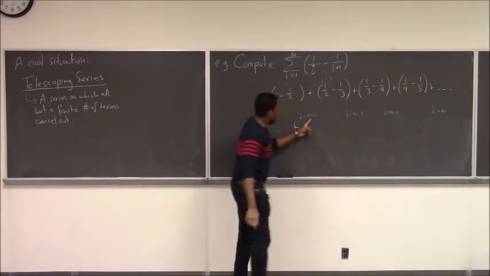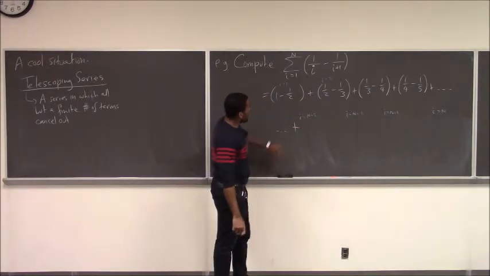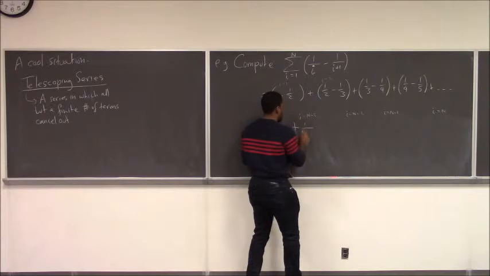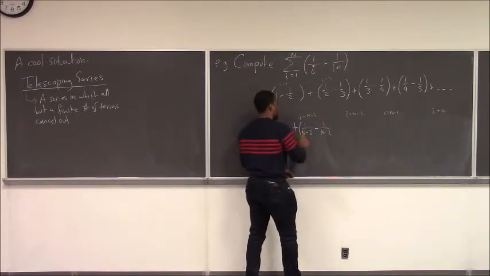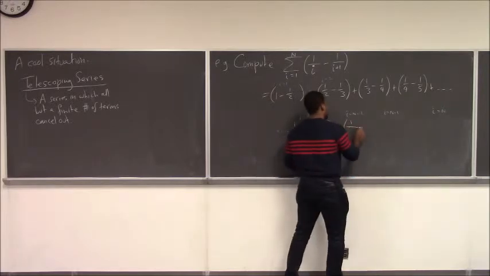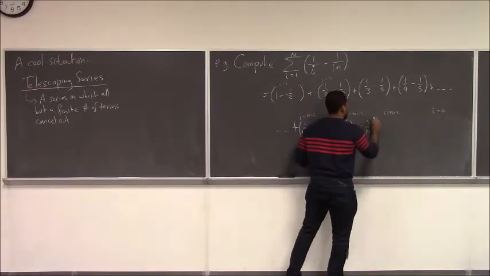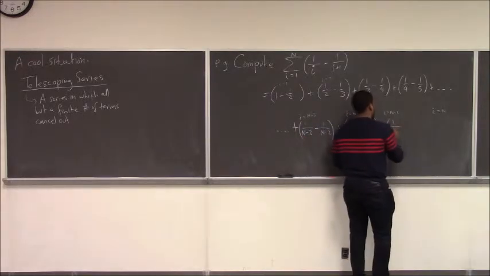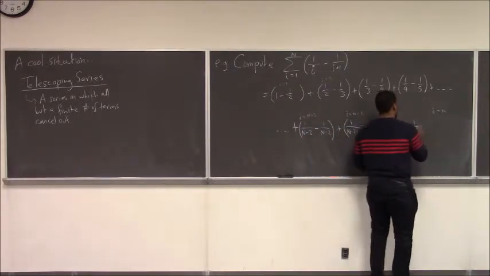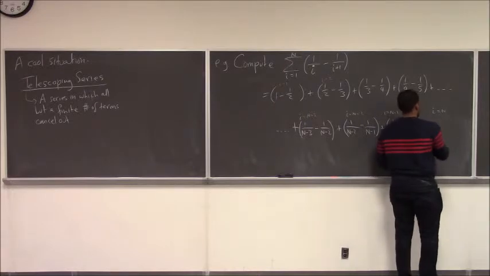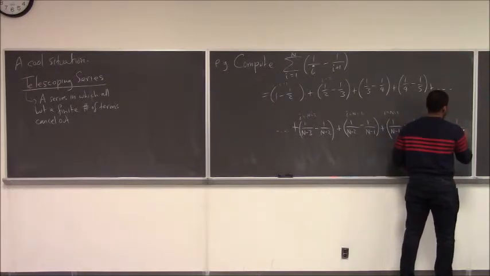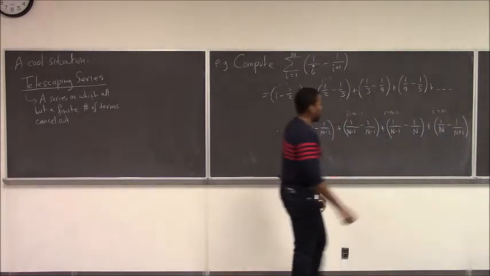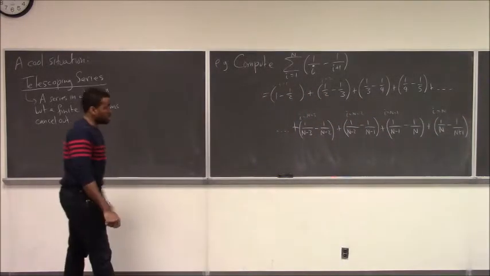So now the n minus 3 term would look like 1 over n minus 3 minus 1 over n minus 2, plus 1 over n minus 2 minus 1 over n minus 1, plus 1 over n minus 1 minus 1 over n, plus 1 over n minus 1 over n plus 1. So I'll add a bunch of terms and you'll notice that starts happening.